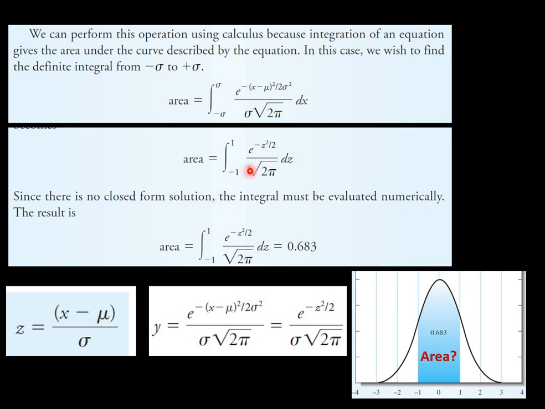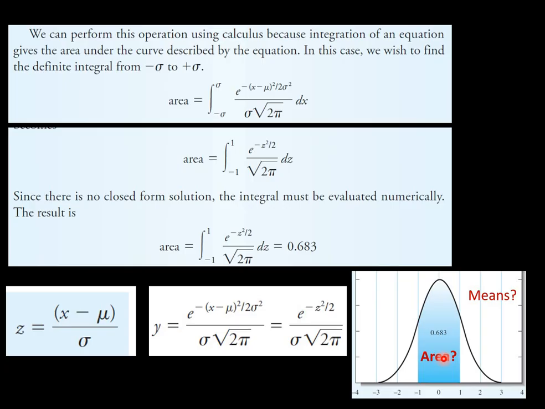Of course, this integral has no closed form solution, so you have to integrate it using a numerical method on a computer, and the area comes out to be 0.683. Fine. So the area of the shaded region from minus 1 to plus 1 in this unit is 0.683.